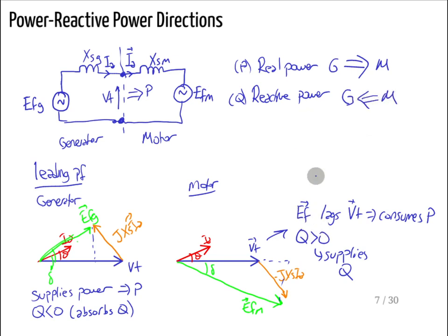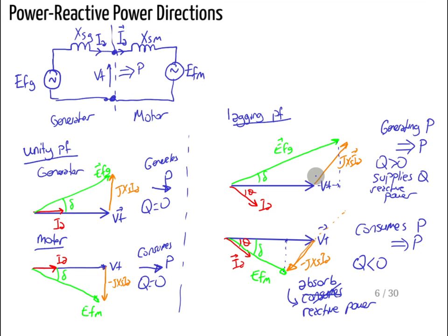Right, so let's do a quick review. If you are both working at unity power factor, then power flows from generator to motor as always, and in unity power factor there is no reactive power. If the generator is operating in the lagging power factor, then the reactive power also flows from generator to motor.